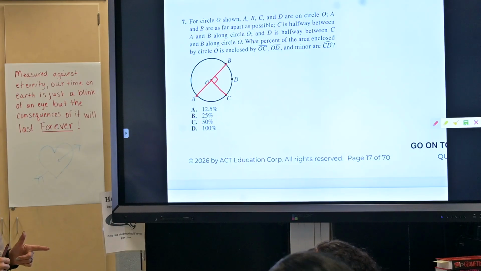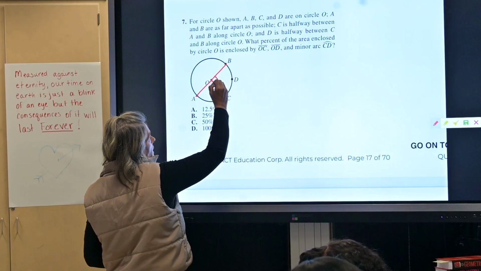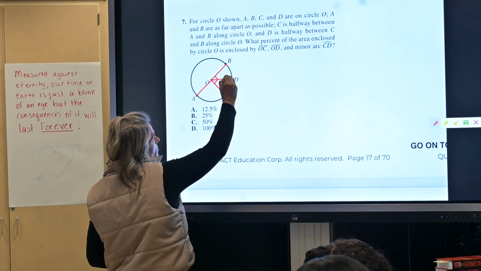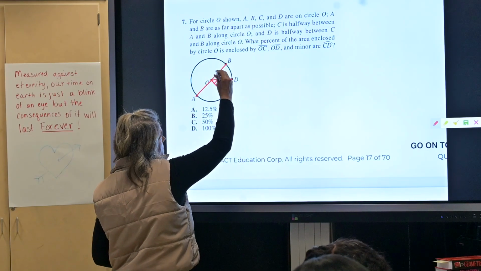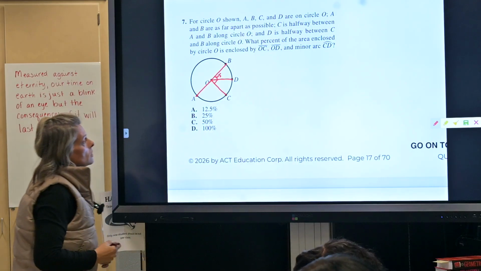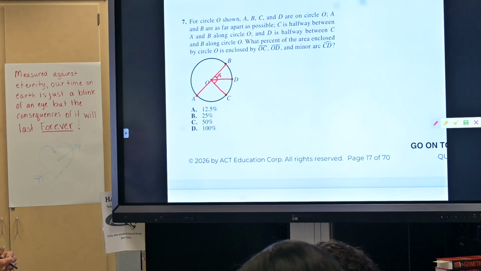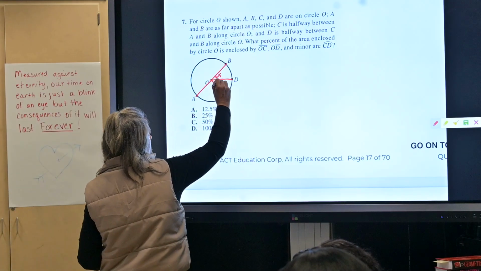Then it says D is halfway between C and B. So if that's a 90-degree angle and this is halfway, what is this angle? 45. 45, okay? So it says, what percent of the area enclosed by circle O is enclosed by OC and OD? Okay, if that one's 45, this one's 45.